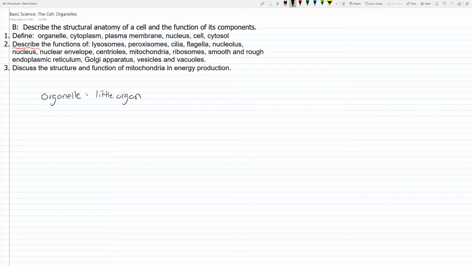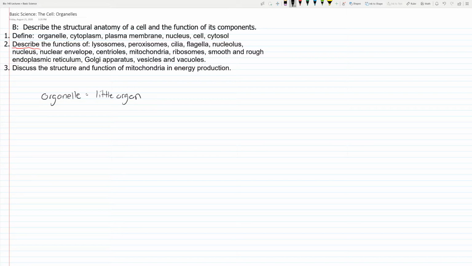So when you go through here, just know the basics. I'm not going to go into depth like you would get in an actual biology course for all this stuff, except when we talk about DNA replication and respiration itself. So, organelles, little organs.